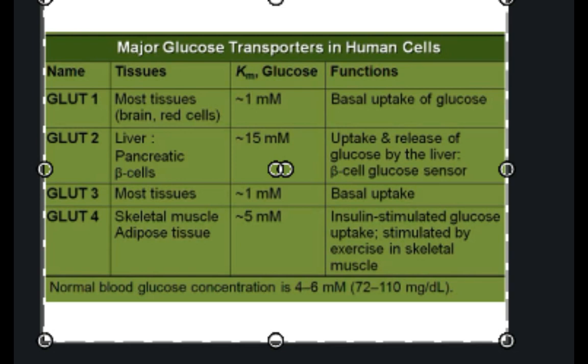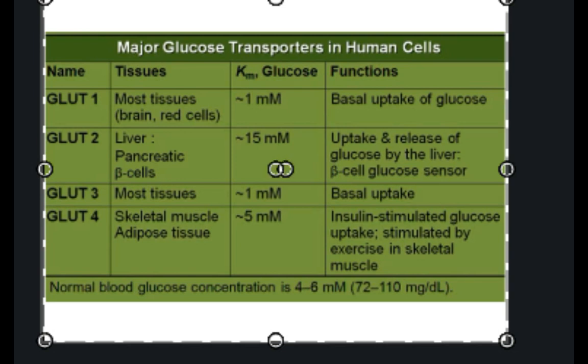It is responsible for basal uptake of glucose, while glucose transporter 4 is an insulin dependent glucose transporter present on skeletal muscles and adipose tissues, and it has a Km value of 5 millimolar, while glucose transporter 2 is present in liver and beta cells of the pancreas.